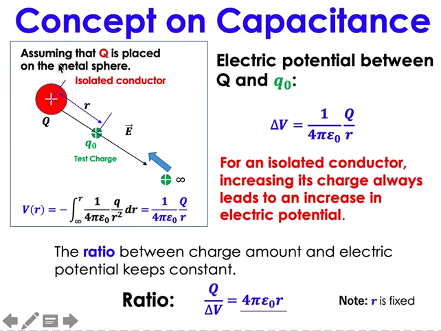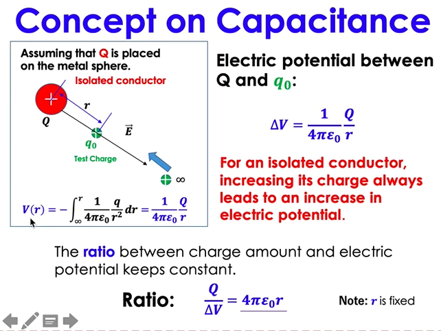Now, let us assume Q is placed on a metal sphere. The electric potential between this Q and this Q0 is equal to 1 over 4 pi epsilon 0 times Q divided by R. And then, let us place more electric charge onto this metal sphere, and we can find this potential will increase.